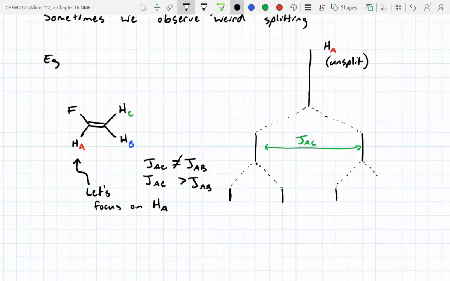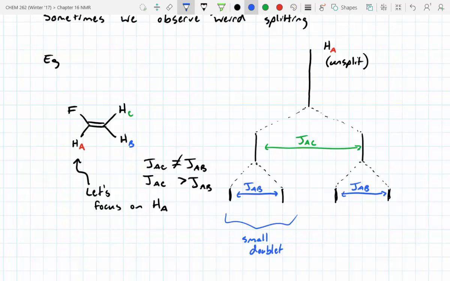And each of those single peaks that was split is going to get split one more time. So instead of it getting split as a nice distinct triplet, we've actually got these 2 sets of doublets that are side by side. Can you guys kind of see how this looks like a small doublet?